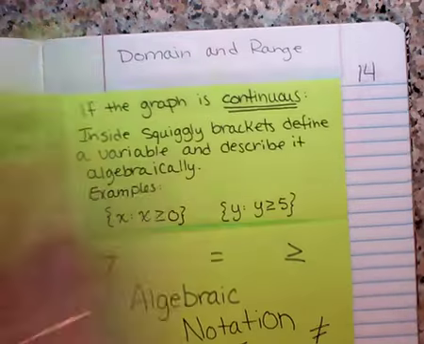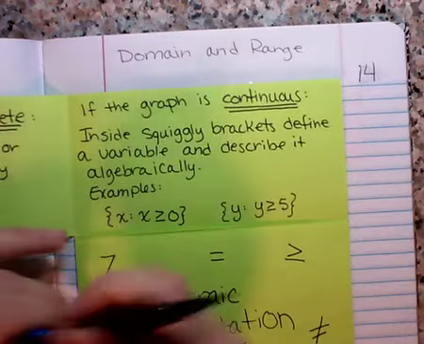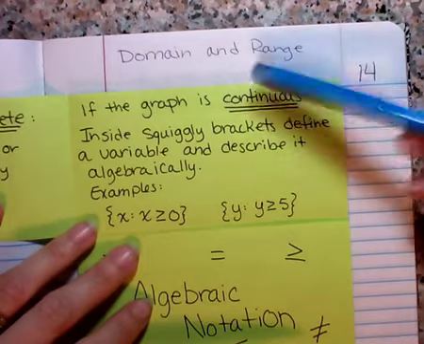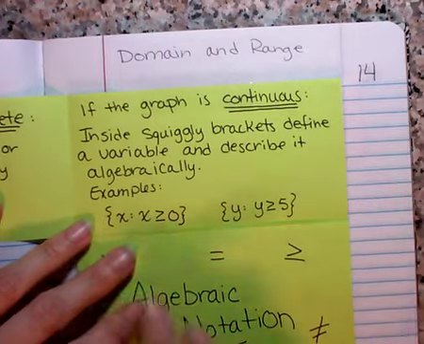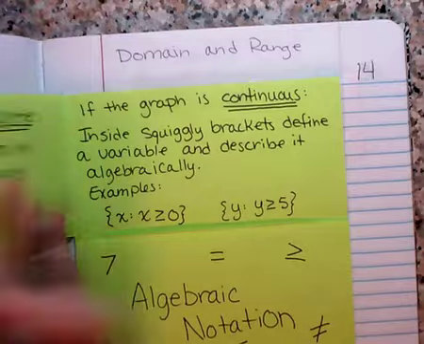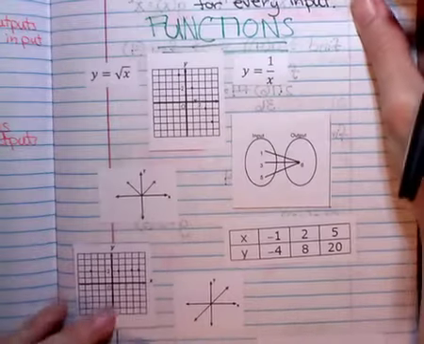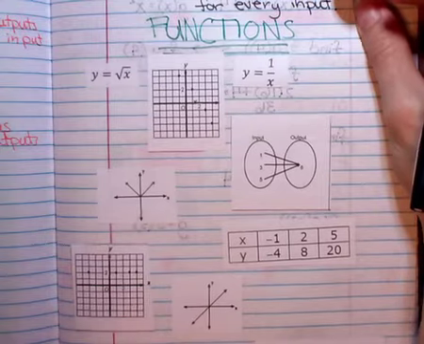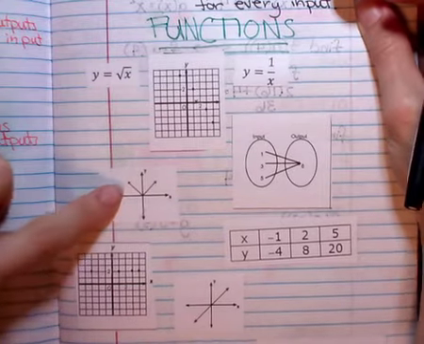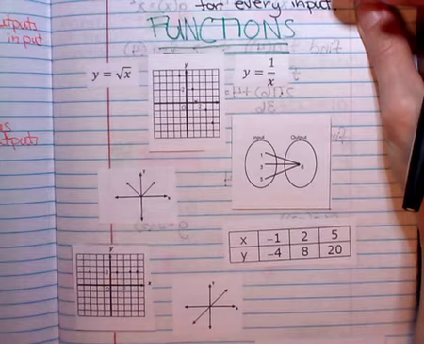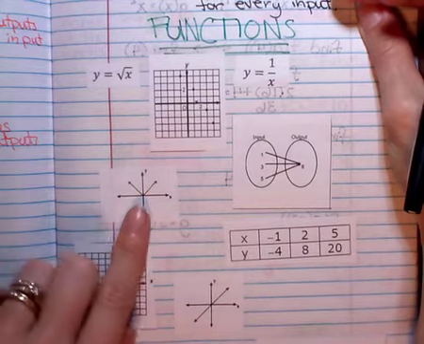Okay, so on the inside of that flap, I want you on the right-hand side to write that if the graph is continuous, and I'm going to flip back to our function examples and talk about what it means to be continuous. For example, this graph that has arrows on either end of the line is a continuous graph.